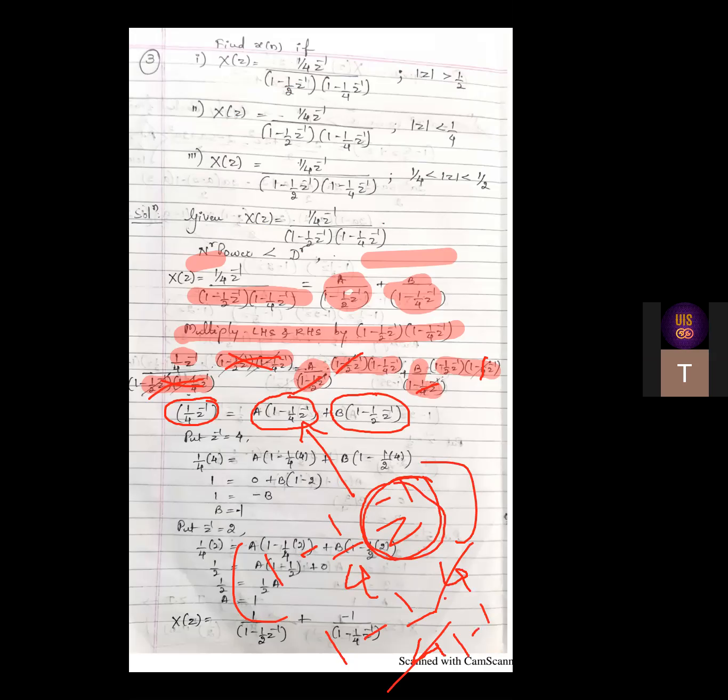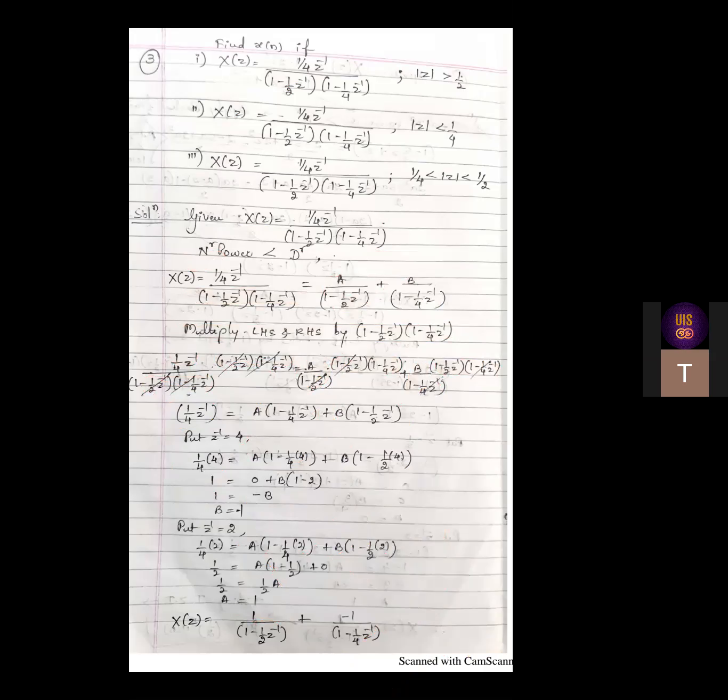That's what has been done here. Put z inverse equal to 4. Then your LHS will be 1 by 4 into 4, equal to, this will go now. A will become 0 and B into 1 minus half into 4. If you solve it, you will get B equal to minus 1. This is the case with keeping A as 0; we got B. Similarly, we will make B 0 and we will find A. How to do that?